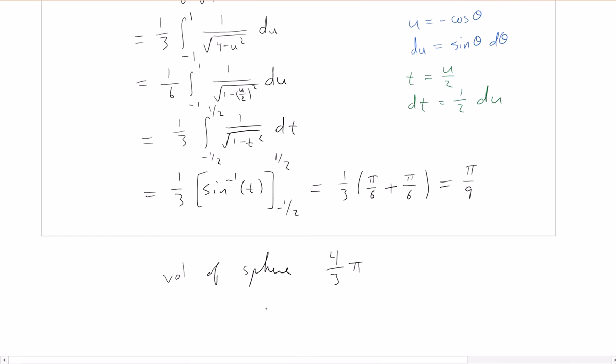And indeed, if you divide that by 12, you get pi over 9, which is what we got. So there's a simple way to see that this is the answer, because our region is some simple fraction of the whole sphere, and we know this formula from when we're young children about what the volume of a sphere is. But this is a calculus class, so we should know how to also do it using integration.